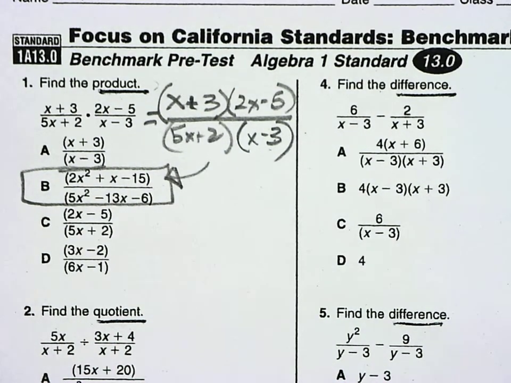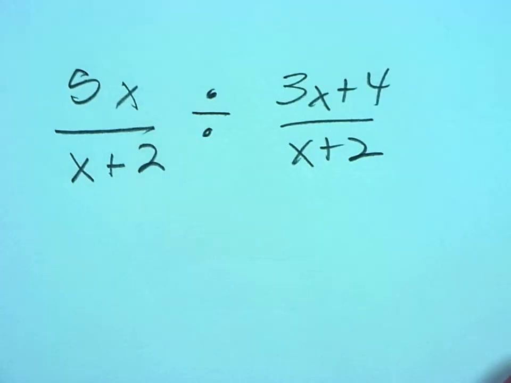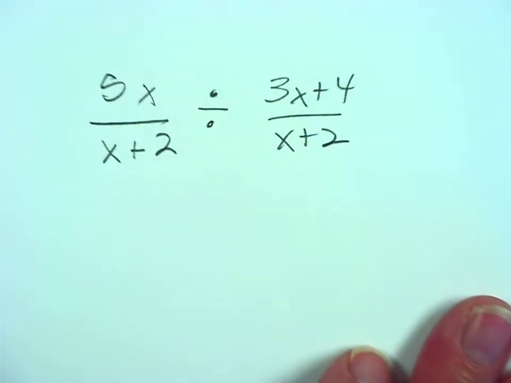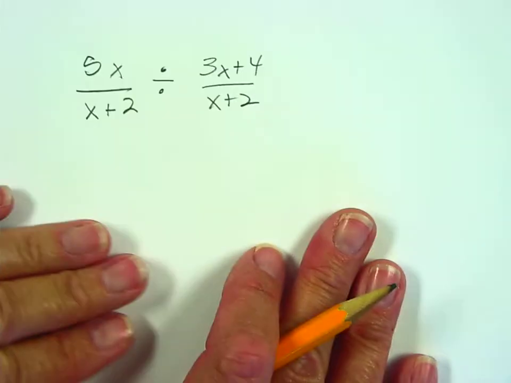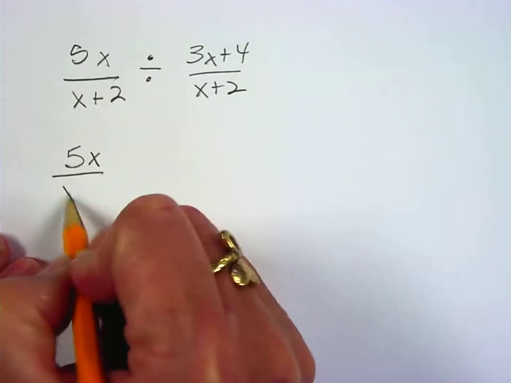Number 2 is 5x over x plus 2, and it says find the quotient, so that tells me it's division, divided by 3x plus 4 over x plus 2. Well, remember, when you divide fractions, you multiply times the reciprocal of the second fraction. So the first fraction stays the same.